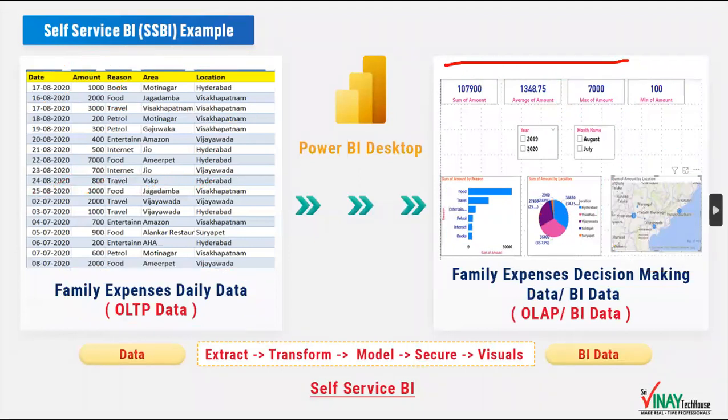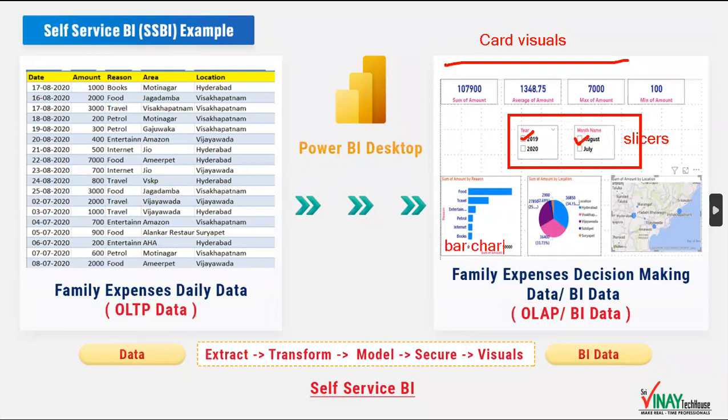With respect to reporting level, these are called cards. The values they show are card visuals. And these are helpful to filter. If you select 19, 19 data will show everywhere. If you select August, 19 August will show everywhere. These are called slicers. And this is a bar chart, where it shows food and travel as more spending, and the others as less spending.